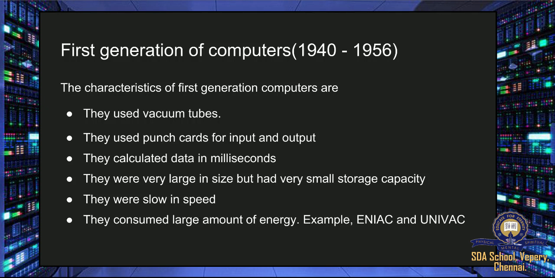They consumed a large amount of energy. This is a very big drawback of the first generation computers. Nowadays they do not consume a lot of energy, but in those days the first generation computers consumed a large amount of energy. Examples of first generation computers are ENIAC and UNIVAC.